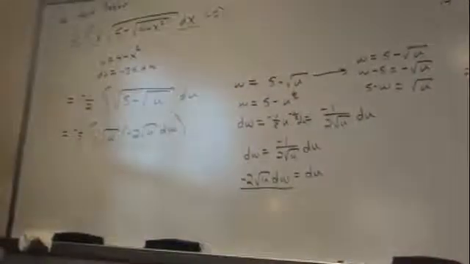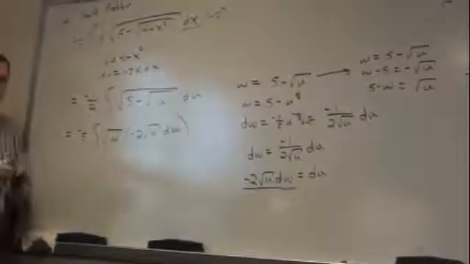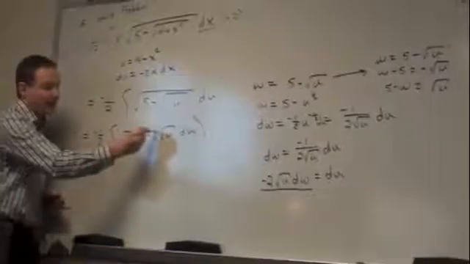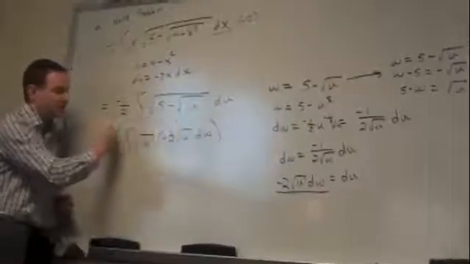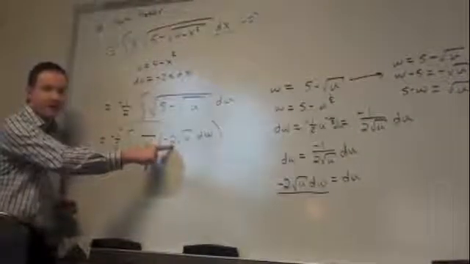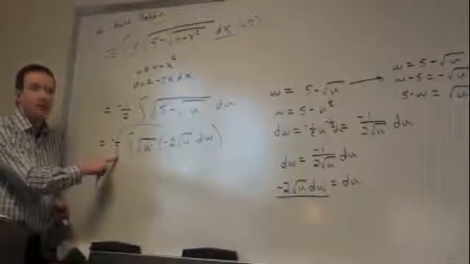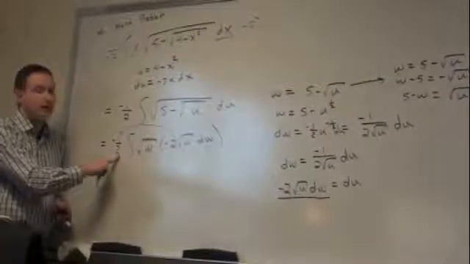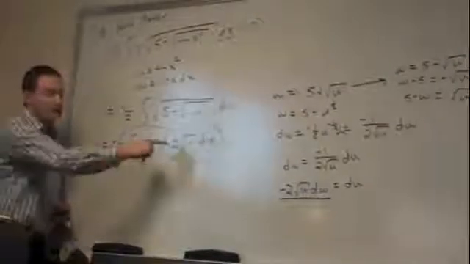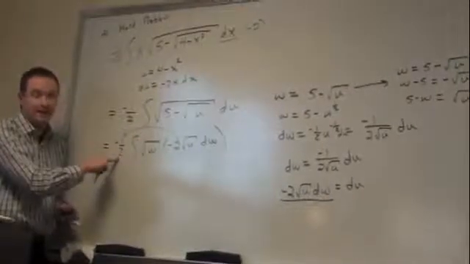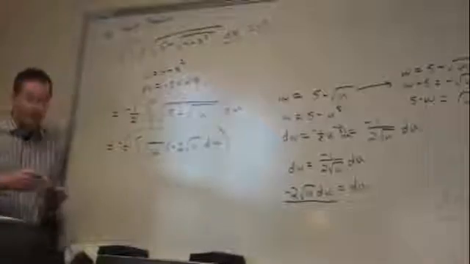So I go back into my problem, and I'm going to do one other thing at the same time. I'm going to factor this negative 2 as a factor on the inside. What happens when I factor that negative 2 to the outside? What's in front? It will be not a negative 1, but a positive. So it completely cancels out that in front. Negative 1/2 times negative 2 is positive 1.